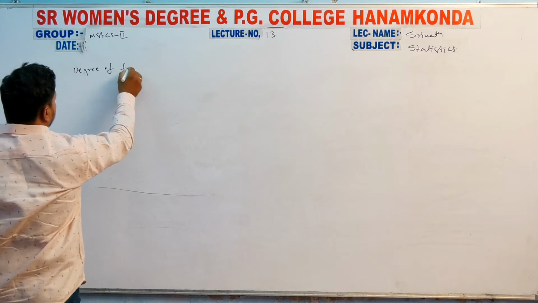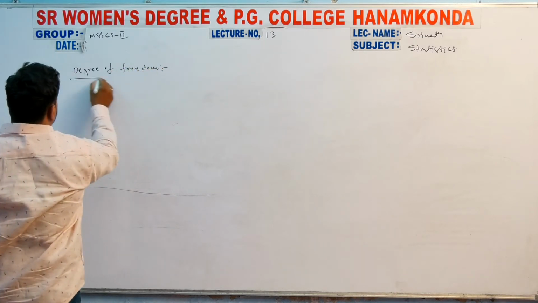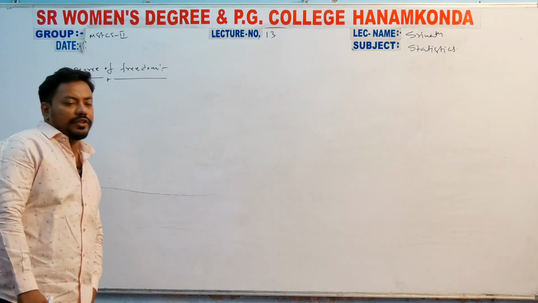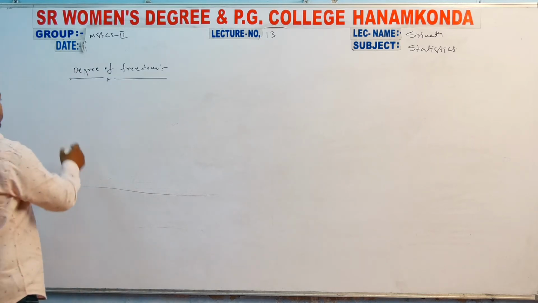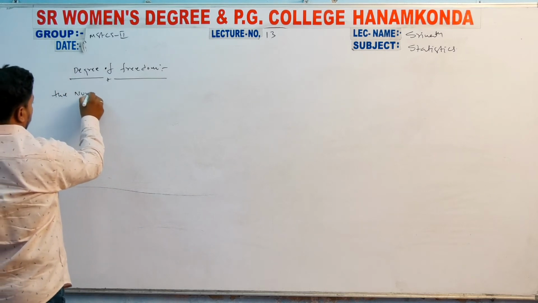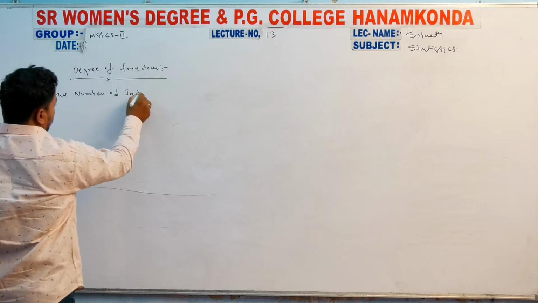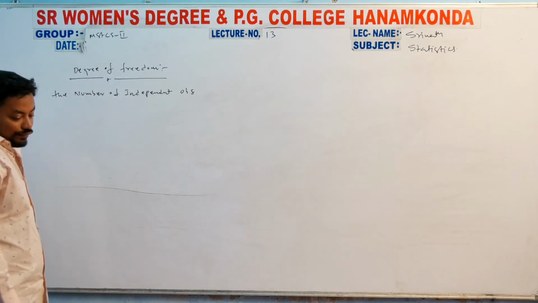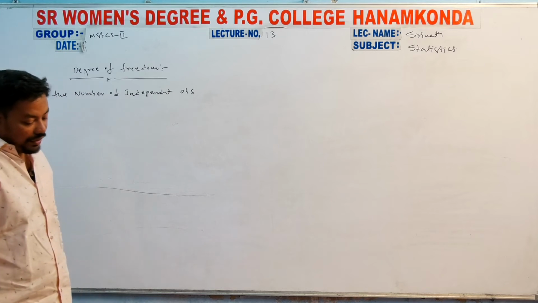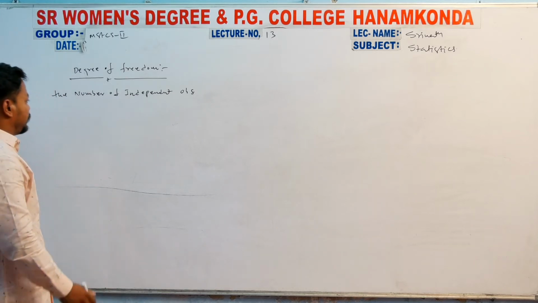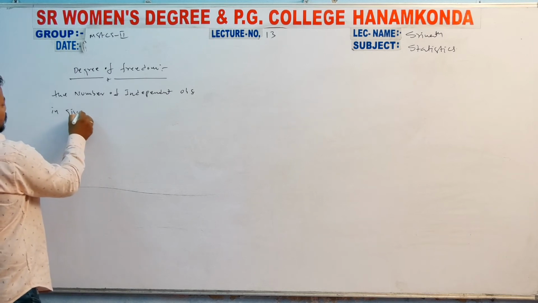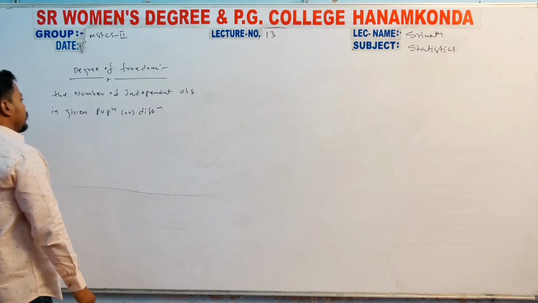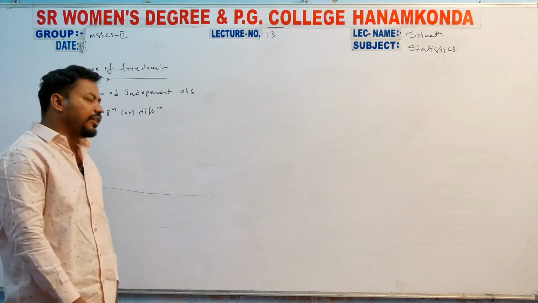Degrees of freedom. The number of independent observations in a given population or distribution is known as the degrees of freedom.